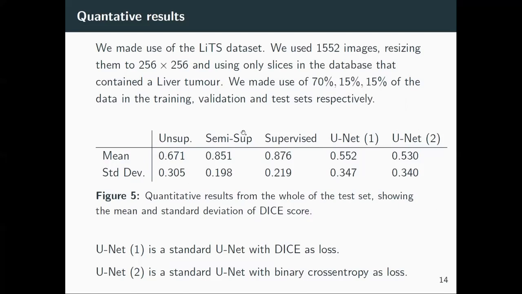We have the unsupervised, semi-supervised, and supervised. In general, the supervised is the best. These two approaches are standard U-Nets, where the first one uses the Dice loss function and the second one uses binary cross entropy as a loss. Both are supervised approaches.